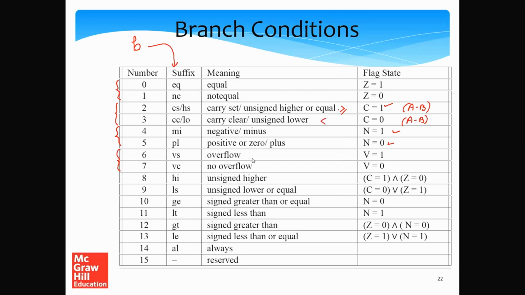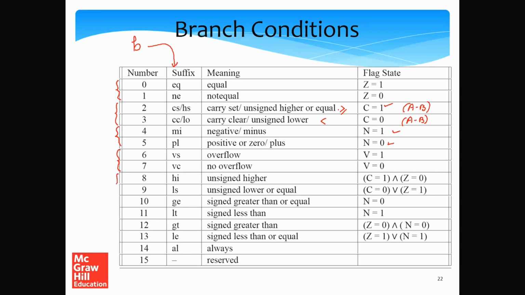In that case, we either allocate more bits or we signal an overflow. So overflow means the result cannot fit within 32 bits. The overflow flag will be 1, and in the case of no overflow, the overflow flag will be 0.